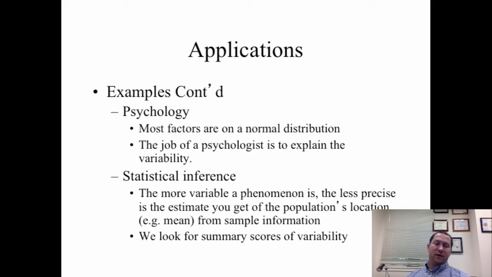All right, so our job is to interpret it. Statistical inference is going to be harder when there's more variability. The more variable a phenomenon is, the less precise the estimate you can get about the population's location from a sample. So we need to find a way to summarize variability, and let's start.